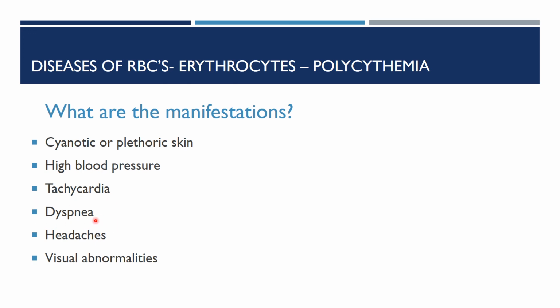Dyspnea, because now we're going to have some issues with loading up hemoglobin with oxygen. Okay, so this is labored breathing. And then anytime you have a deficiency in oxygenation status in the hemoglobin, we're going to get some neural things, and so headaches or visual abnormalities might result.